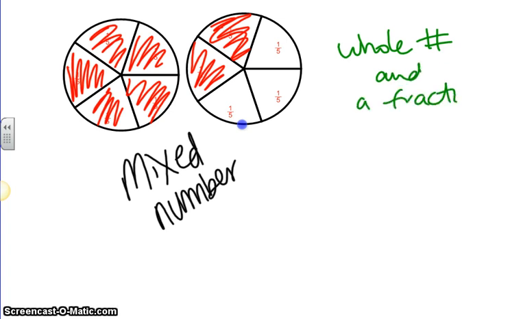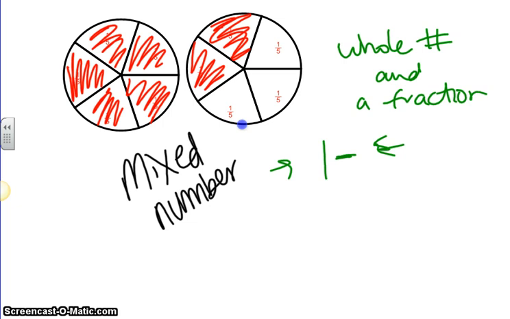So if I were to take these 2 pictures right here and I wanted to write a fraction for them, first of all I do my whole number. Well, do I have an entire picture shaded? Yes, that whole first picture is shaded. So my whole number would be 1 because I have one whole picture shaded. Then I would need to write a fraction right next to it because remember, a mixed number is a whole number and a fraction.